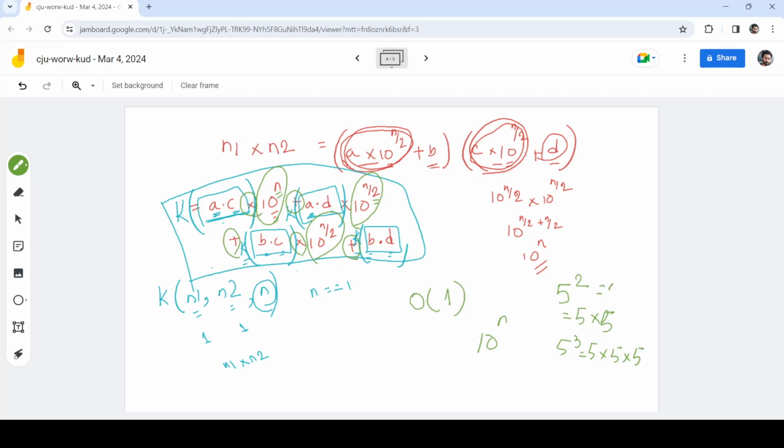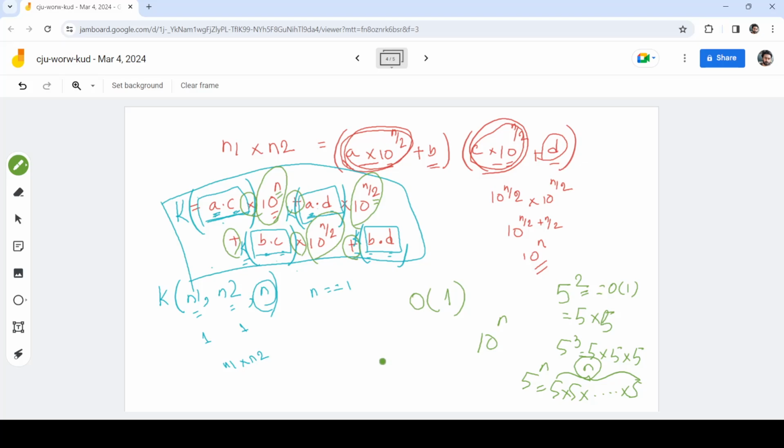And these are all constant time operations, because we know how many times 5 will be multiplied. But if I write 5 to the power n, I don't know how many times 5 will be multiplied. It will be n times, and the number of multiplications will be dependent on n.